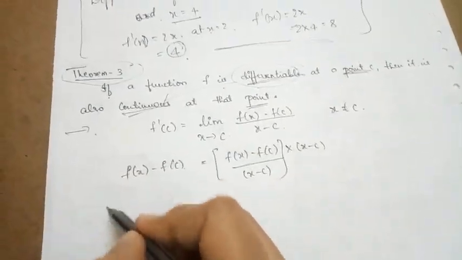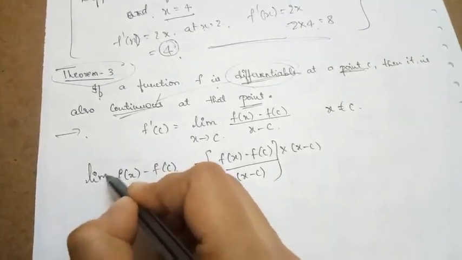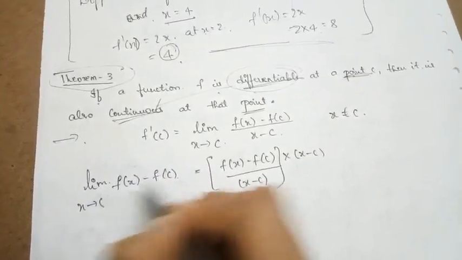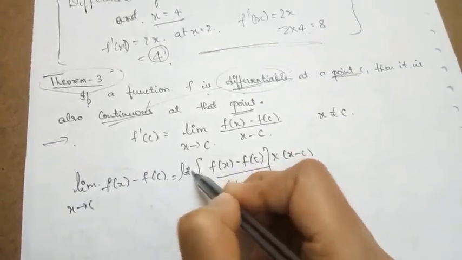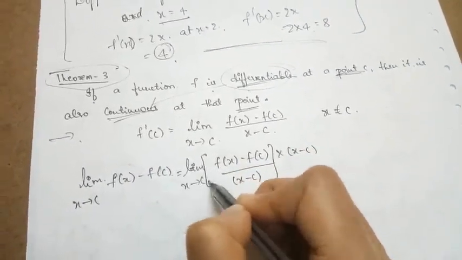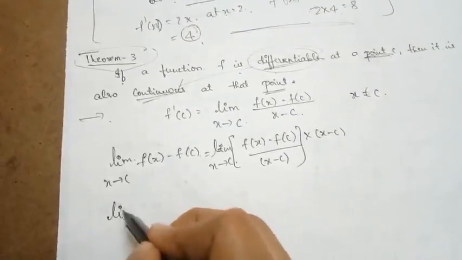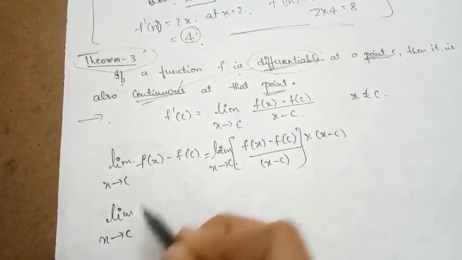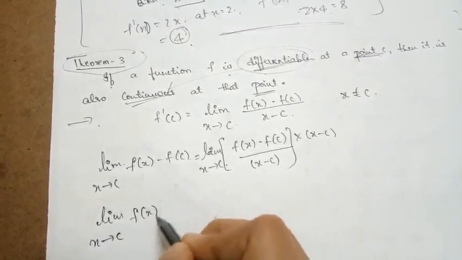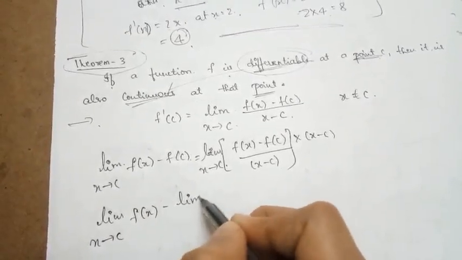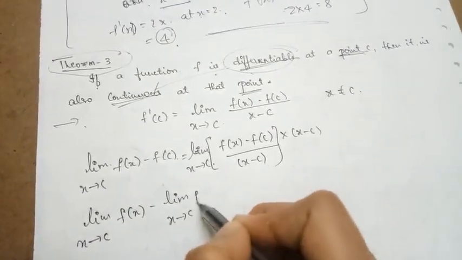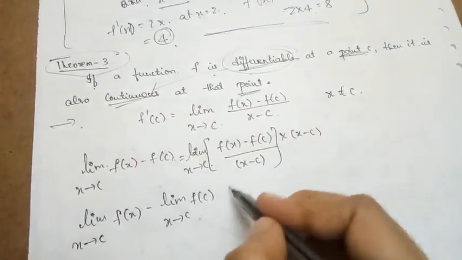Now I will take the limit extending to C on both sides. According to the algebra of limits, we can split the limit and write it according to the given function.